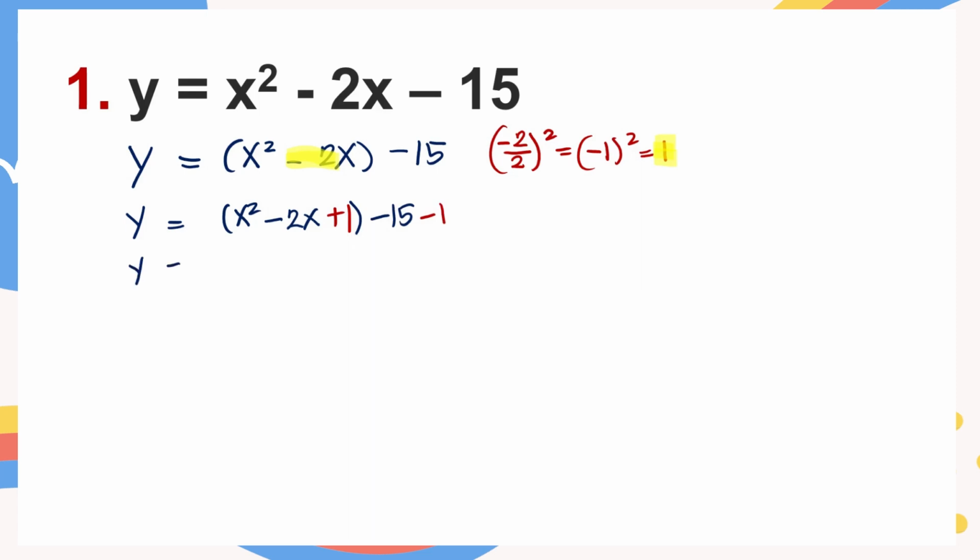Then y equals, change the PST into square of binomial, so that will become the quantity (x minus 1) squared, and then simplify the expression outside the parentheses. Negative 15 minus 1 is negative 16. So this is already the standard form or the vertex form.